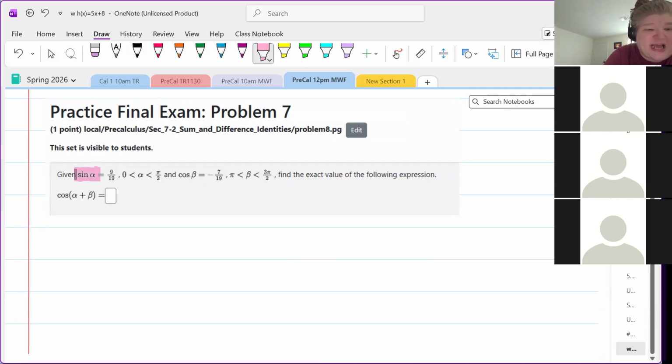We're told the sine of alpha is 9/19, and alpha is between 0 and pi over 2. And then we're told the cosine of beta is negative 7/19, but beta is between pi and 3 pi over 2.